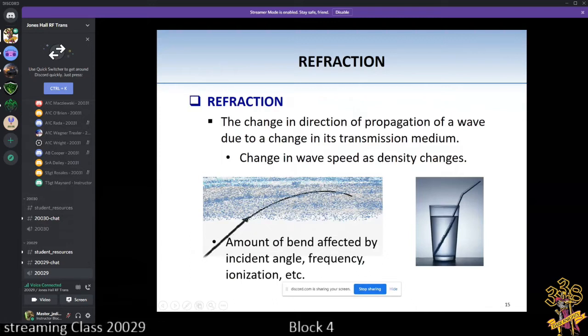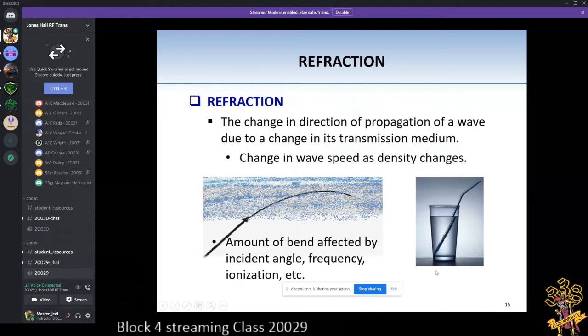And it's going to bend and eventually, hopefully, come back to Earth. Sometimes it'll actually bend the wrong direction. But that bending, as it goes through that different transmission medium, is called refraction.